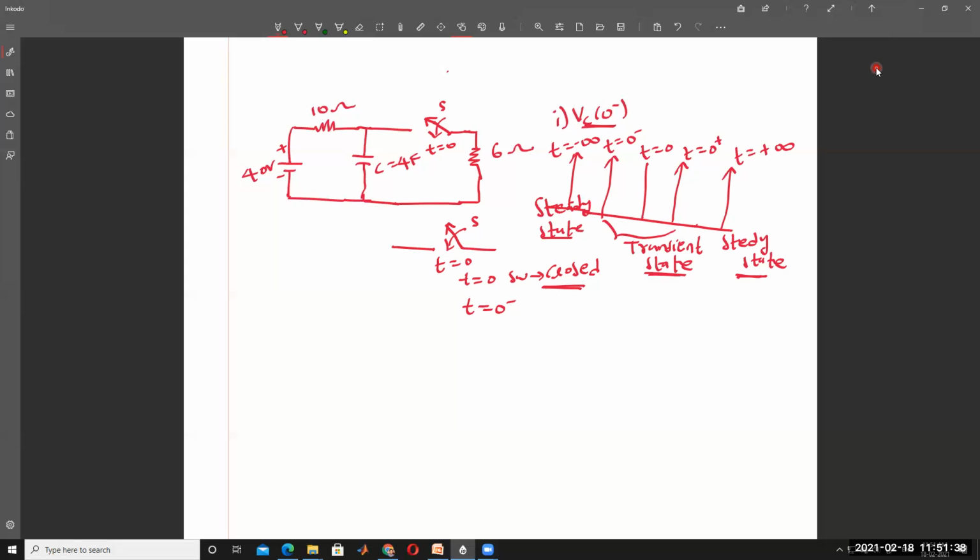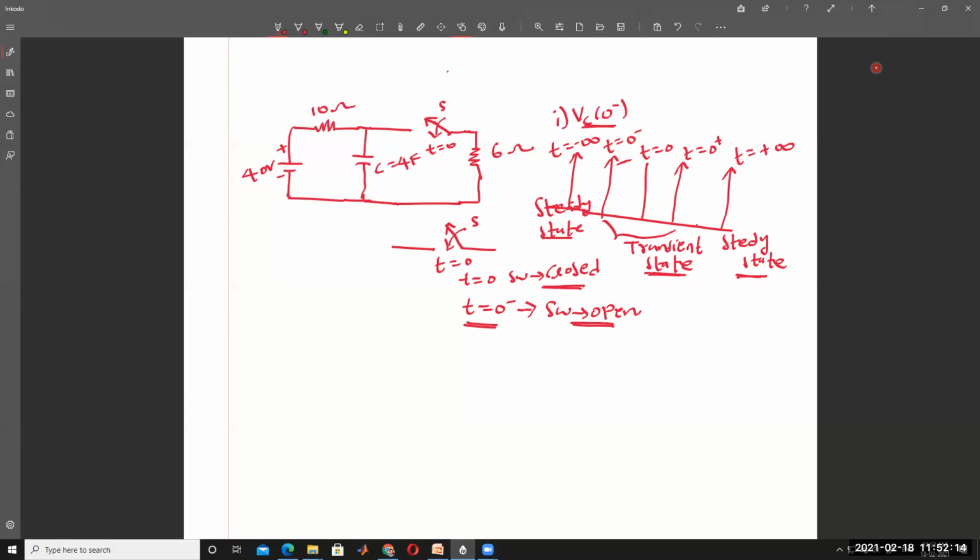So first, VC of 0 minus, that means at t = 0 minus. What is the switch position? At t = 0 the switch is closed, which means at t = 0 minus the switch is open. Then only it is possible to close. Understood? At t = 0 minus, the switch is under open circuit. At t = minus infinity also, the switch is open circuit.